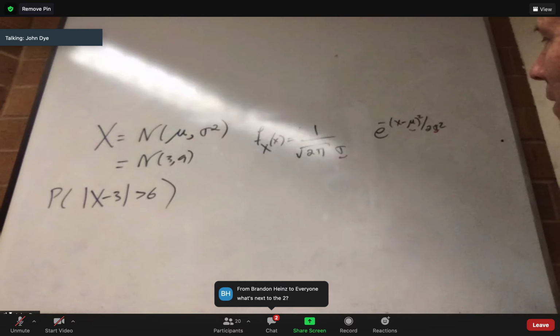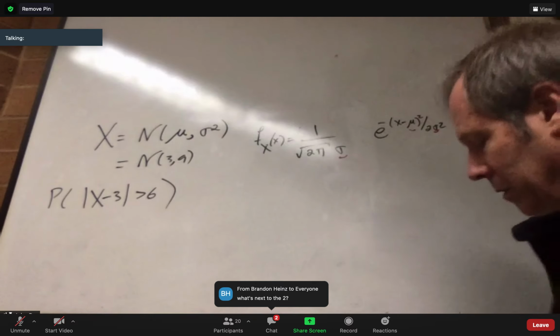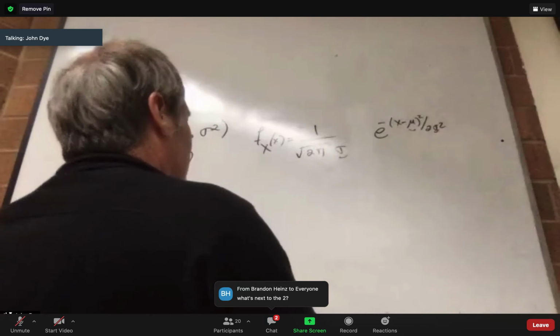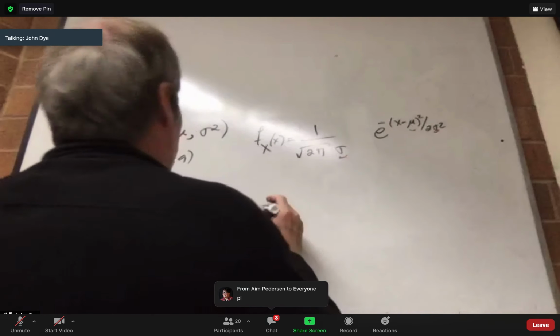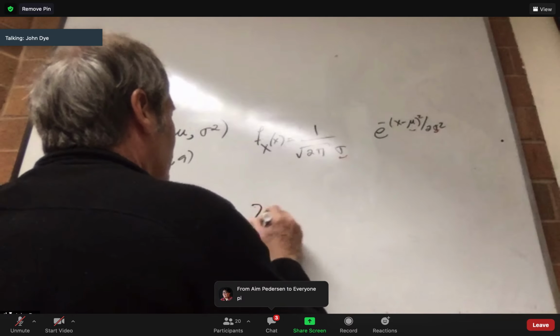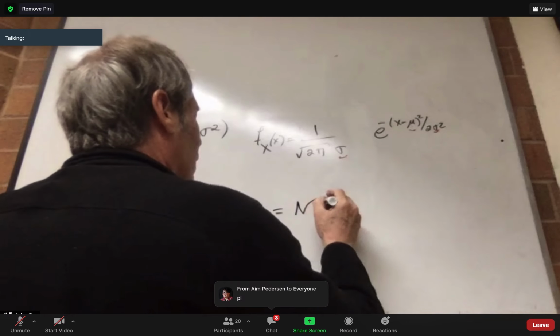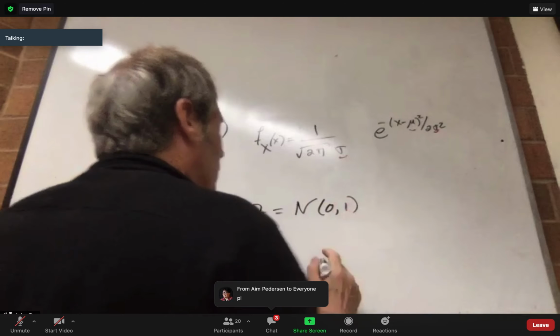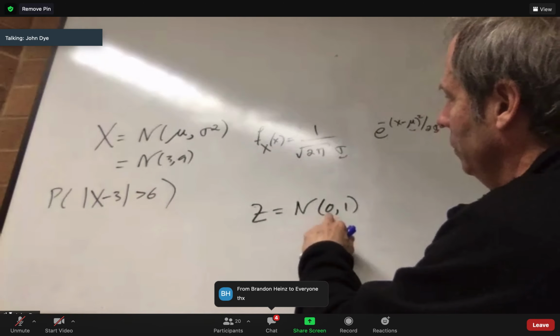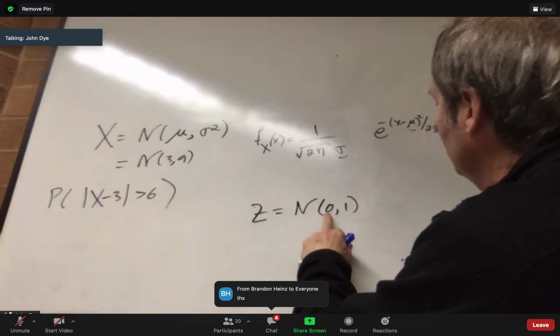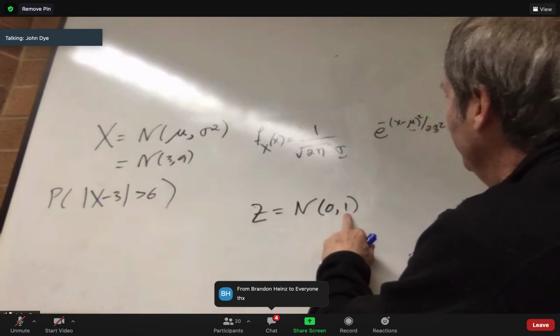What else to say about it? Ideally, what you want is the simplest. The simplest density for a normal is when your mean is 0 and your standard deviation is 1.